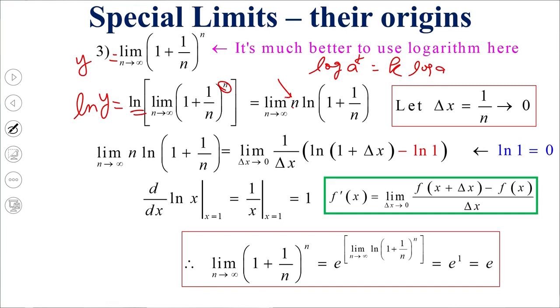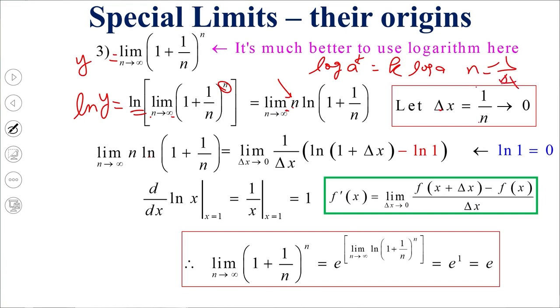Now I want you to let delta x be equal to 1 over n. In this case, our limit is in terms of n approaching infinity. I want to substitute 1 over n by delta x. Because n is approaching infinity, 1 over infinity, which we have replaced by delta x, should approach 0. So the limit of n times ln of 1 plus 1 over n, that is originally our problem, is now replaced by the limit of, instead of n, if delta x is 1 over n, n is also 1 over delta x.